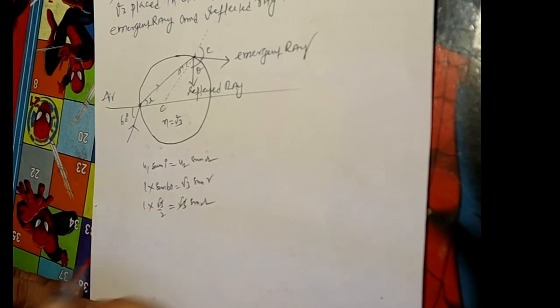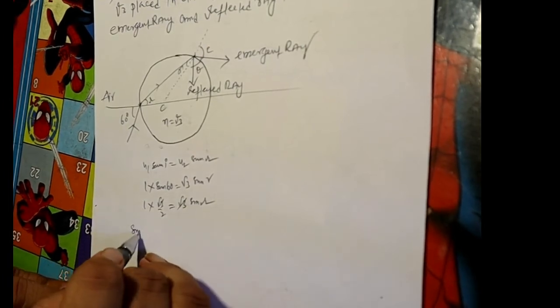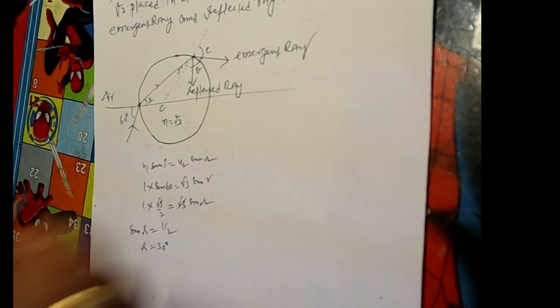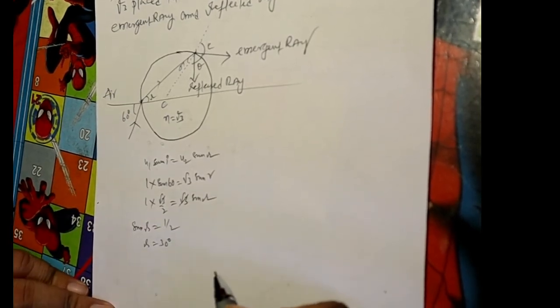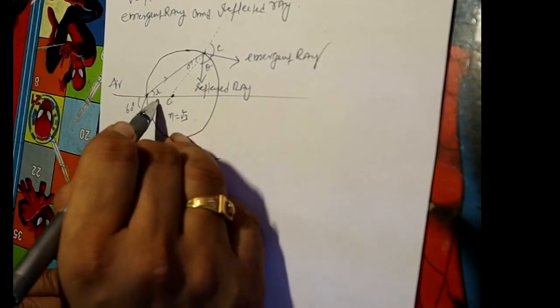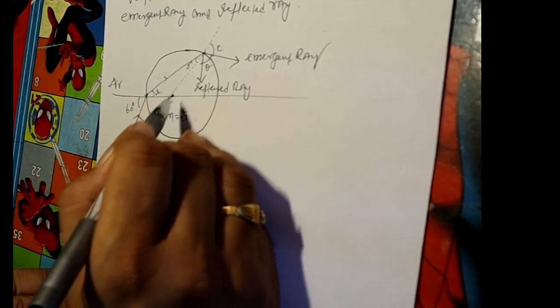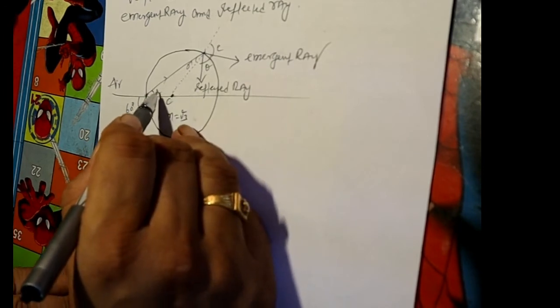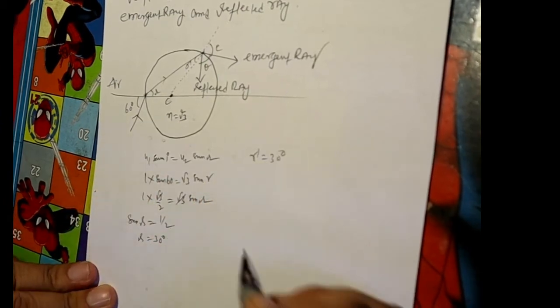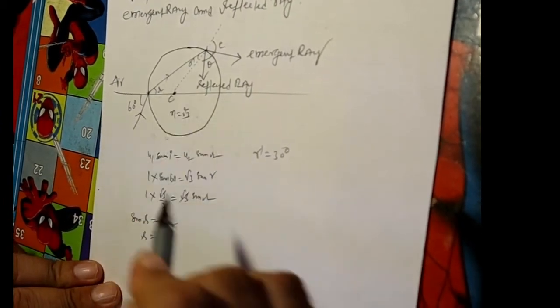Root 3 cancels. Sin r is equal to 1 by 2. r is equal to how much? 30 degrees. Here r value is 30 degrees. Right. See, this is the center of curvature and these sides are equal, the radius. This angle becomes 30. This angle r dash is also 30. This is also 30. This is an isosceles triangle.